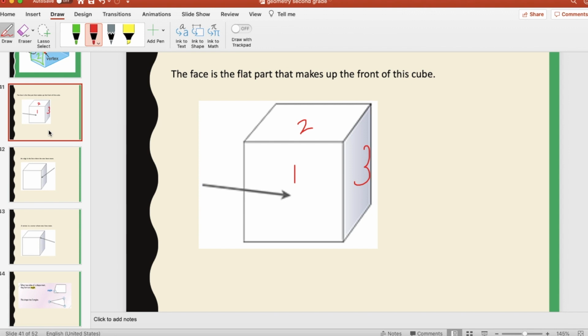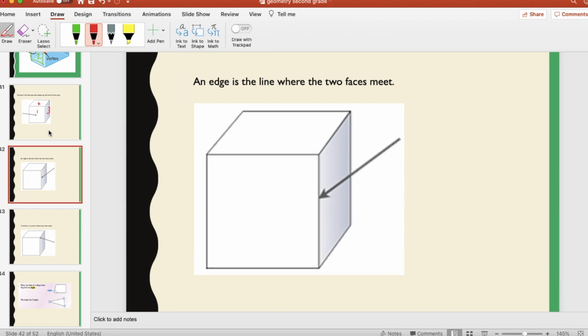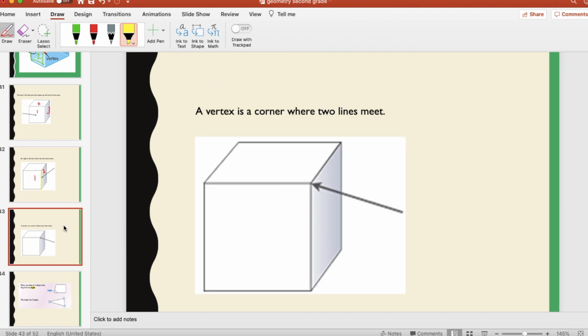The face is the flat part. The next one, the edge is the line where two faces meet. If this is a face and this is a face, this line over here joins those two faces, and that's called my edge. And then lastly, a vertex is a corner where the two lines meet.